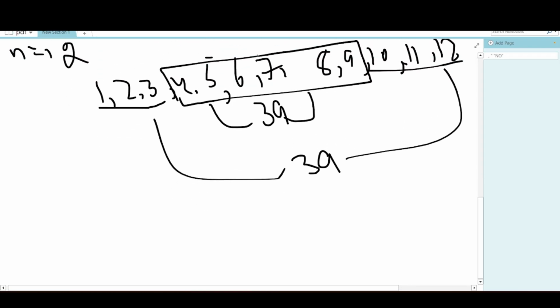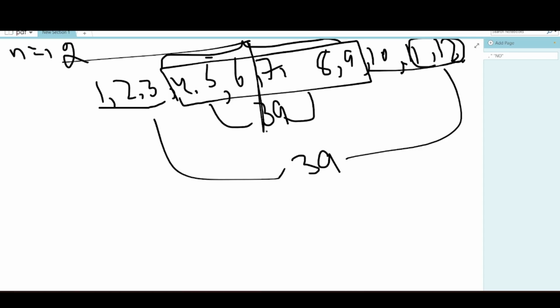Now let's first find the range of these middle n by 2 elements, which we need to write in the for loop. Let us consider this case only. If n is 12, then n by 2 is 6. The first 6 elements are n by 2 and the first 3 elements are n by 4.